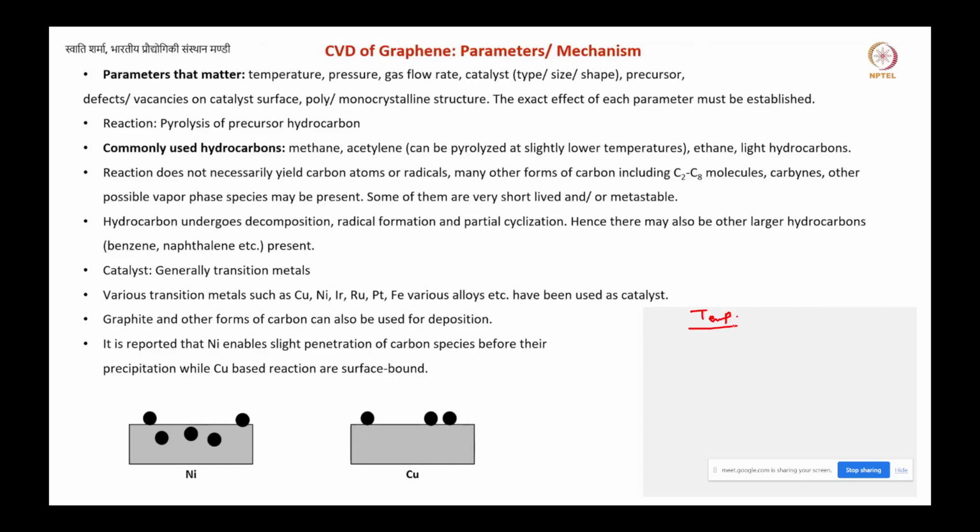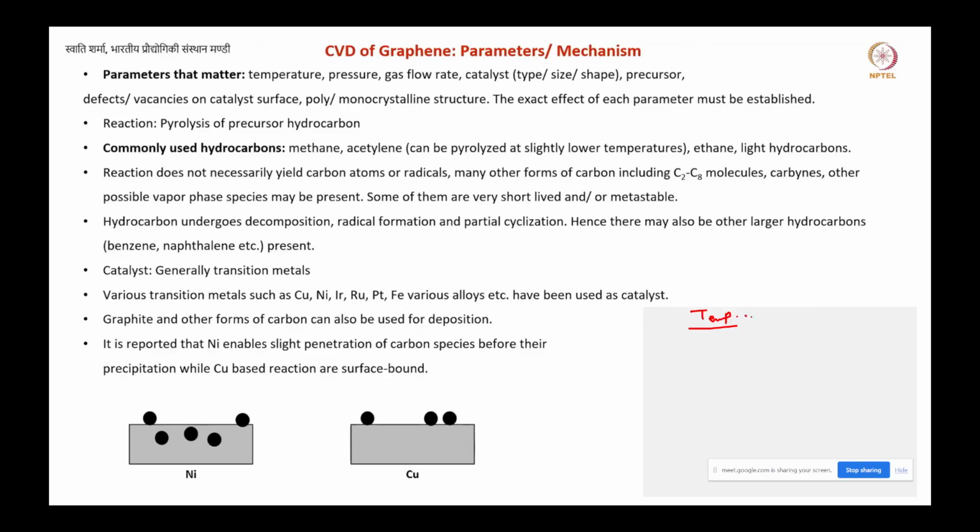So if you want to have some particular deposition rate, then you need to control the temperature accordingly. You have to monitor or optimize. You can't directly give any particular temperature for any material, let's say it could be graphene, it could be CNT, it could be normal semiconducting materials.